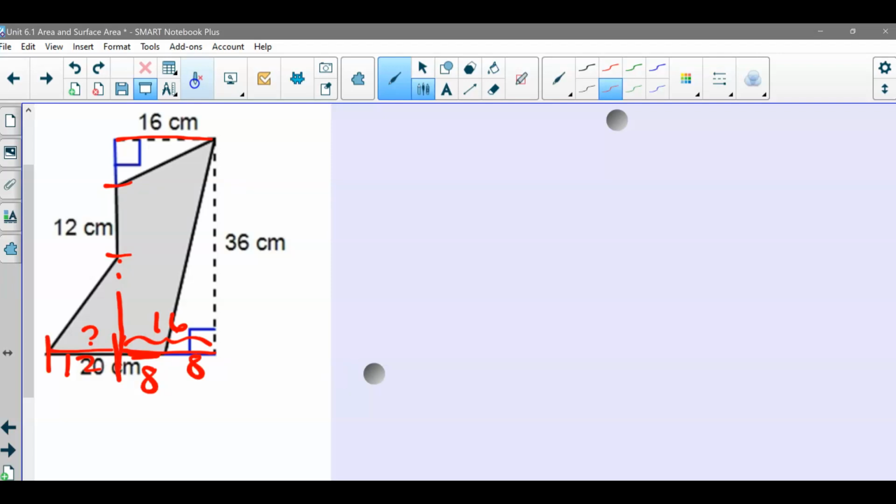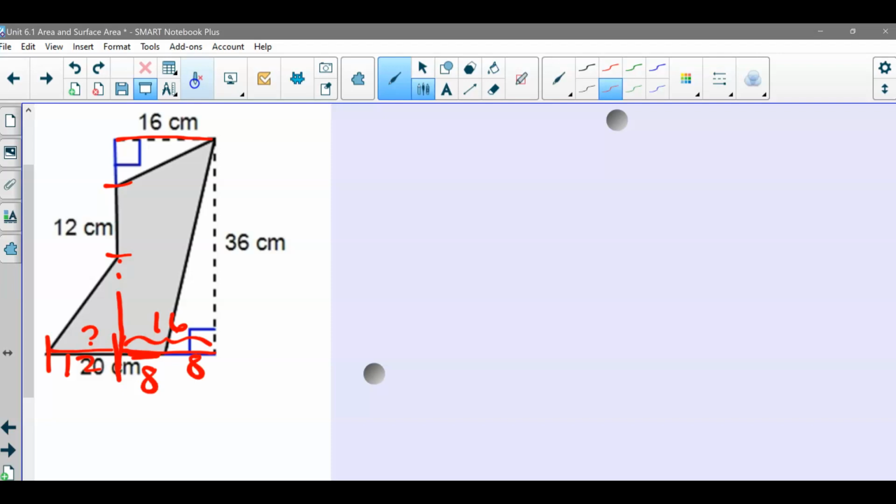We're going to go over that again. Rewind. Make sure you have that in your notes. That is a lot of sophisticated thinking and really understanding the situation and what you're given. So again, we have this measurement that is 12, and then you have a dotted line, and it's 20. Then it goes up, and we have 36, and this is 16.